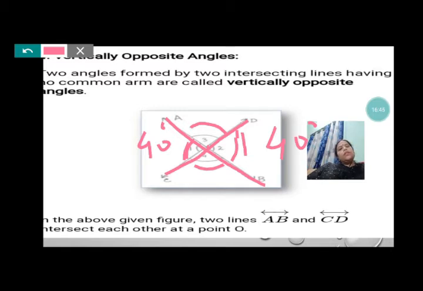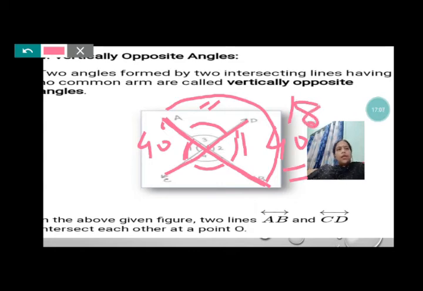We see that this is a straight line, that means a straight angle. Understood? Now if this is 40 degrees, then we can find this one, because the whole will make 180 degrees. 180 minus 40 gives you 140 degrees.